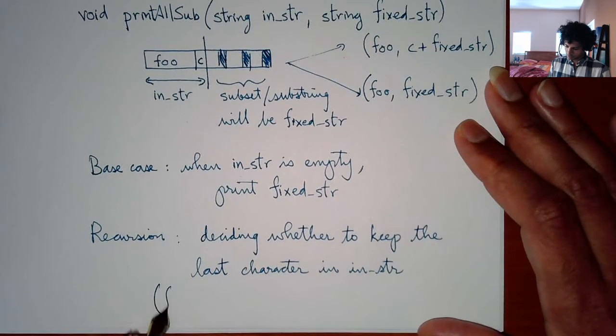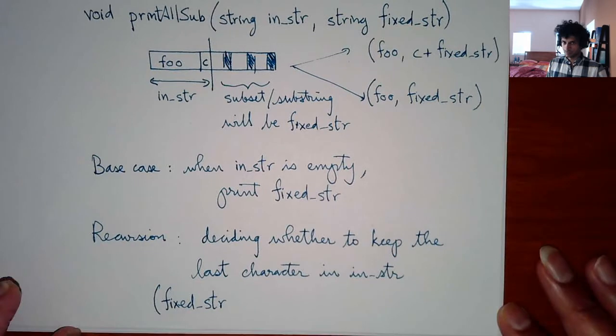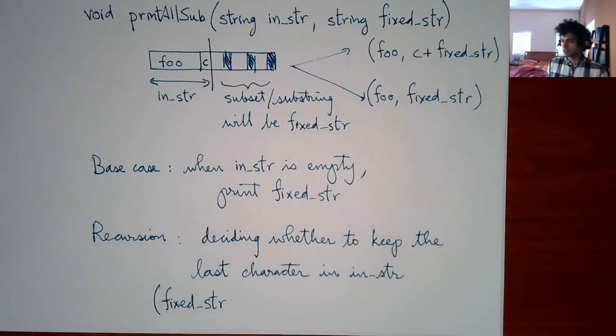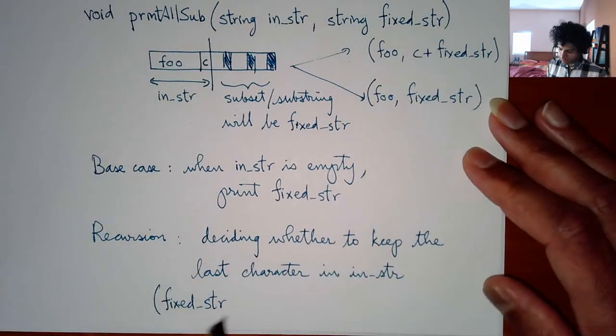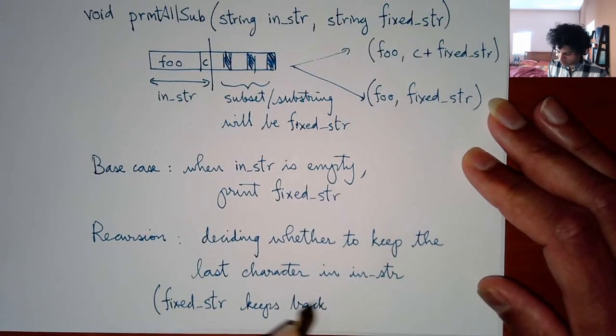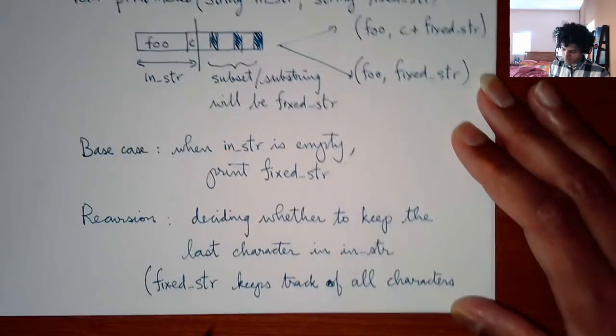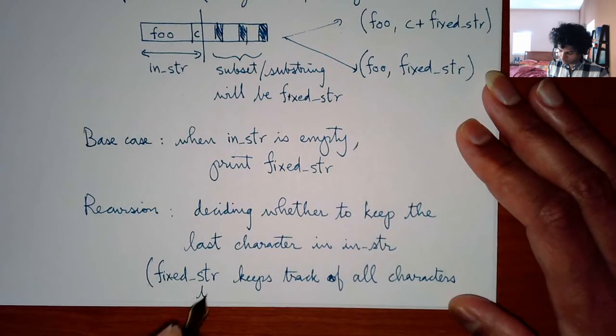Professor, given a string n, how many recursive calls will this program do? Good question. So let's come to that shortly. Let me first write this out, and then I will come to that. That's a good question. So the fixed string keeps track of all the characters that are kept.